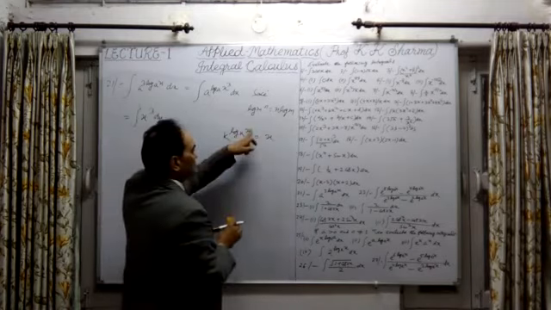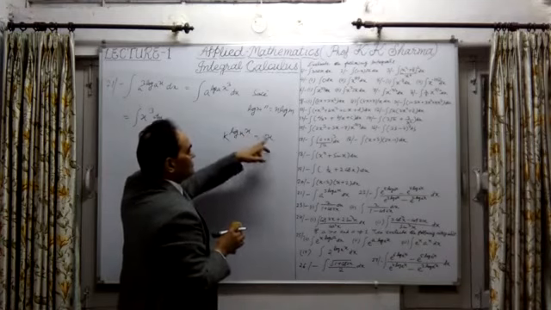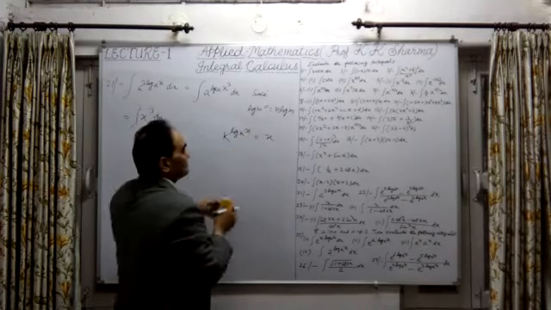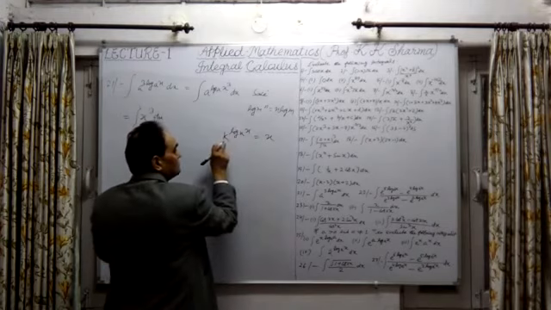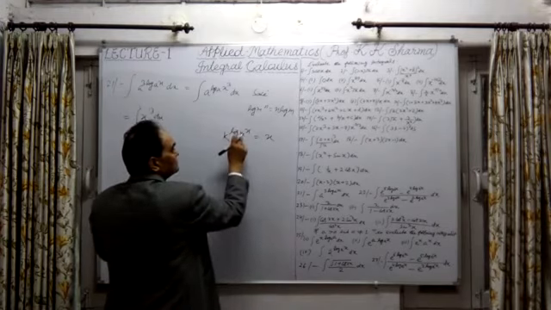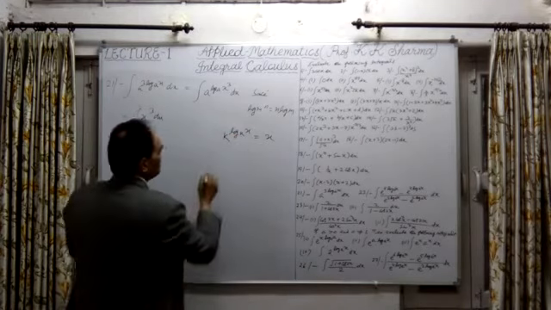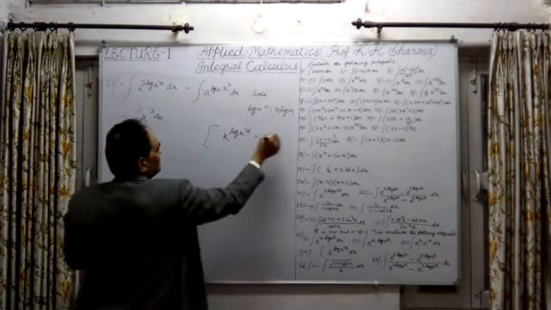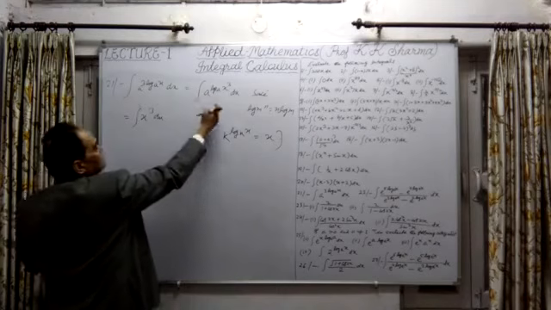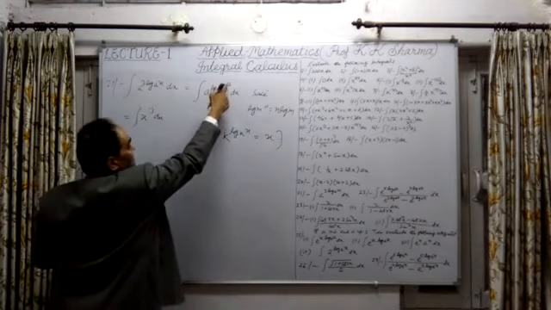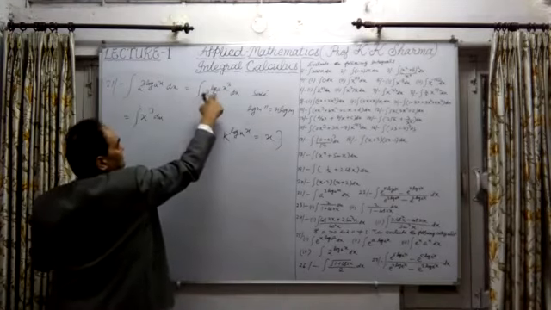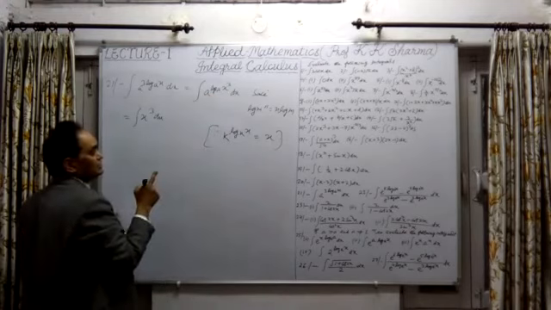Why? Because the value will come of the log which we have calculated. If the base of this power and the base of the log are the same, this is equal to x. So because of that, a raised power log of x cube to the base a, with the same base a and a, will be equal to x cube only.